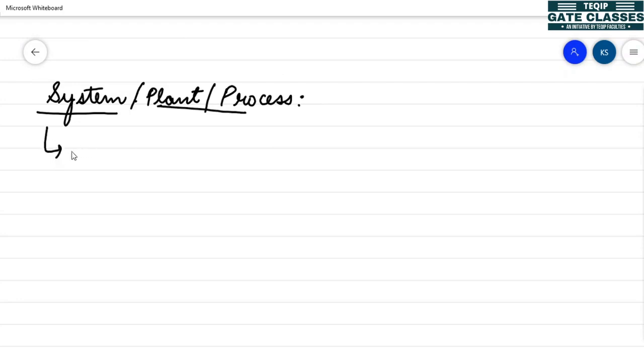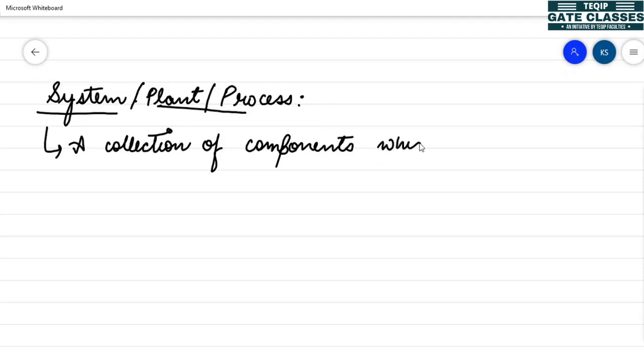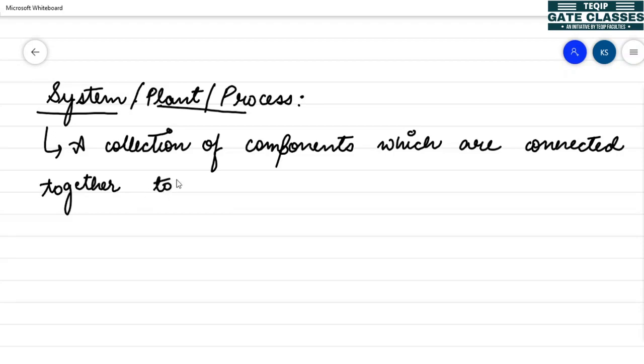So a system can be defined as a collection of components which are connected together to perform a task.